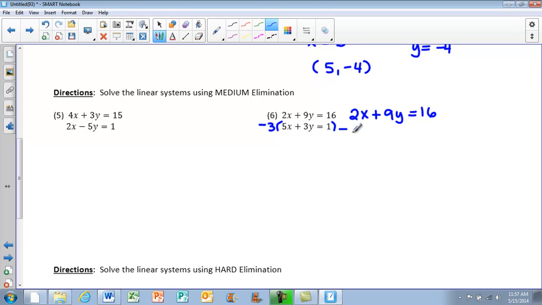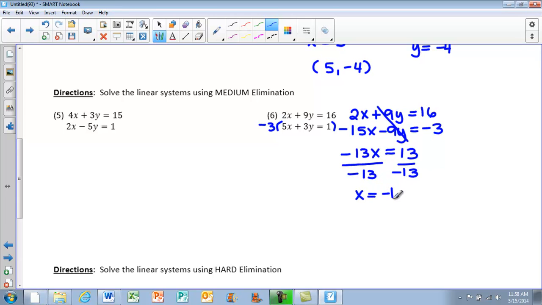My bottom equation becomes negative 15x minus 9y equals negative 3. My y's cancel out, and I have negative 13x equals 13. Divide both sides by negative 13, and I have that x is equal to negative 1.